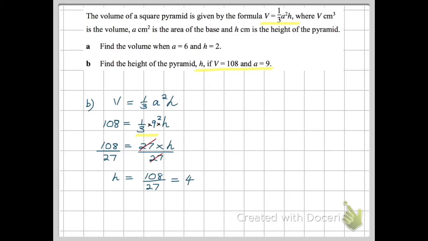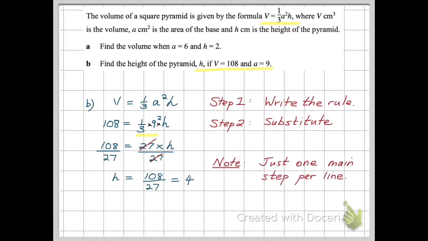So, how to avoid the common mistakes? First of all, step 1, write the rule. No shortcuts. Step 2, substitute. And then the following steps are simply taken to solve the equation for the unknown variable. Note that you should just do one main step per line.